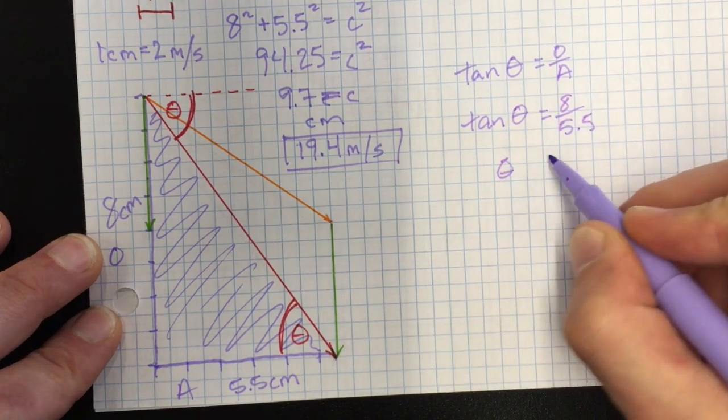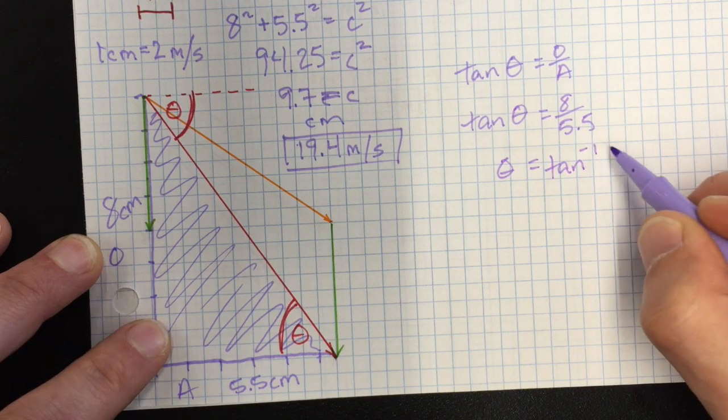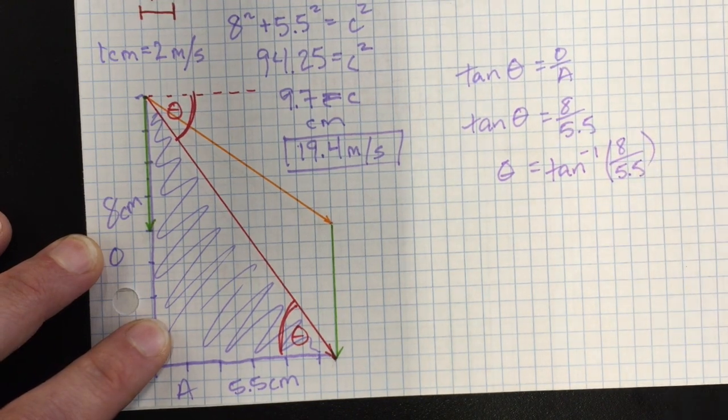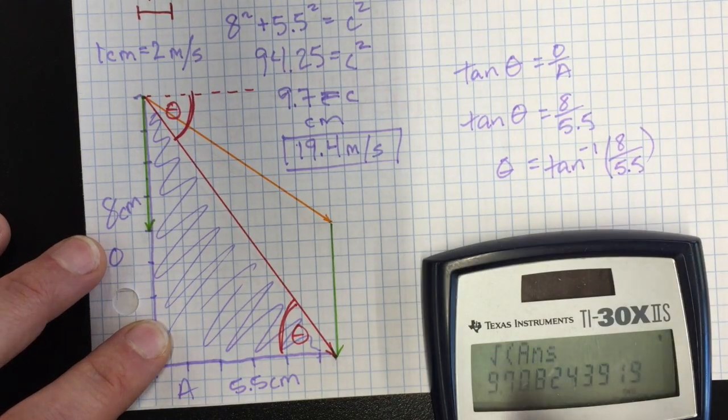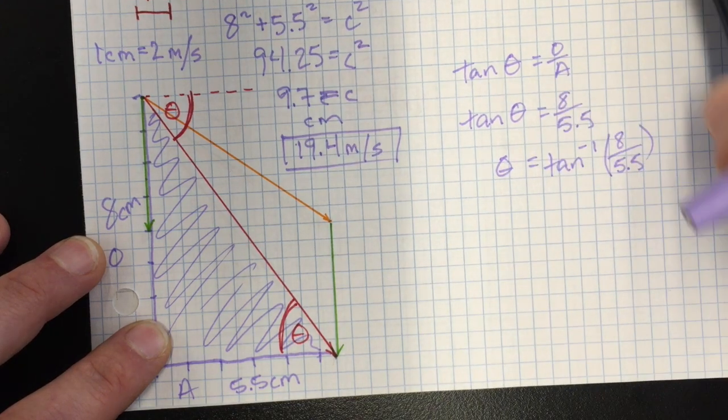And we move that tangent across, and we get the inverse tangent of 8 divided by 5.5. And we, again, pull out our calculator. So we hit second tangent. And then we put 8 divided by 5.5 in there. And we get 55.5 degrees.